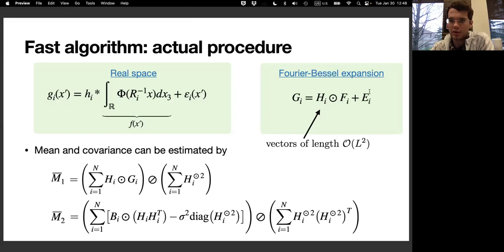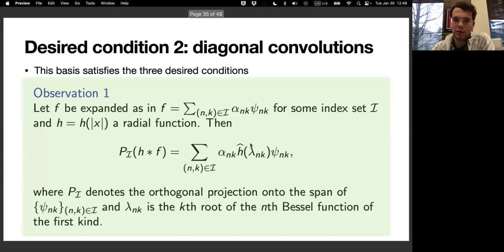Here G, H, F, and E are vectors of coefficients; capital G is the expansion of the lowercase g into the Fourier-Bessel basis. Same for F and same for E. And H is the vector consisting of these coefficients here, the H hat.